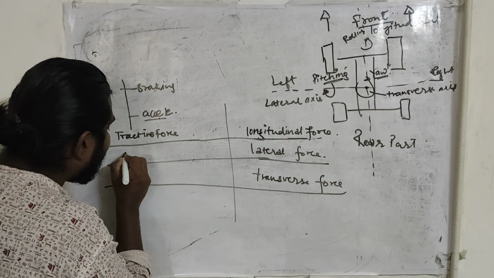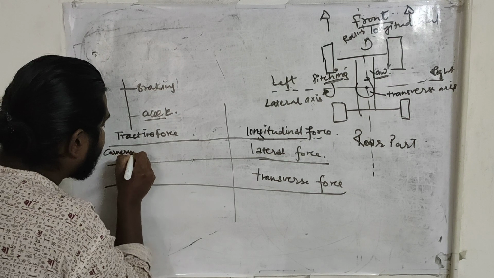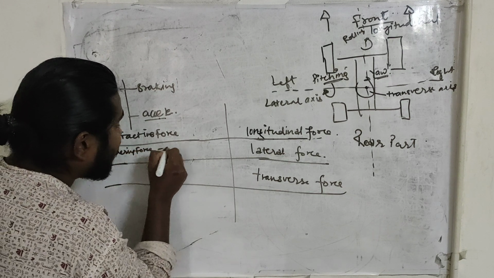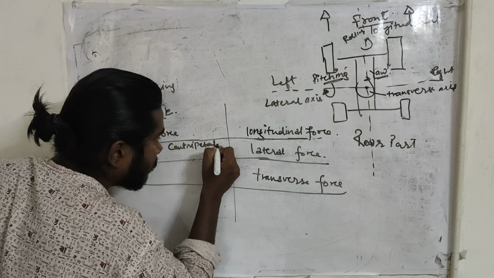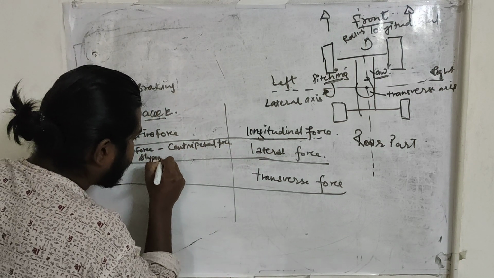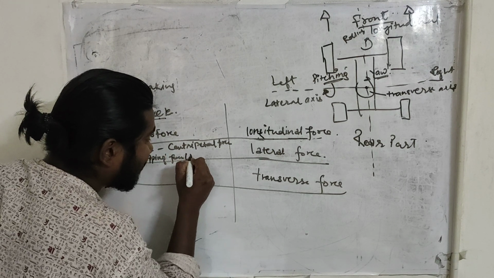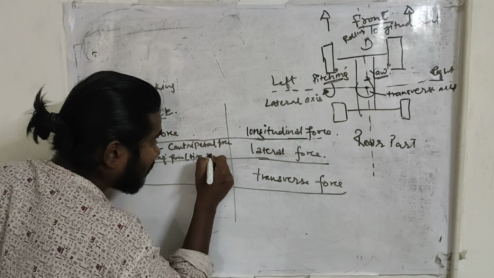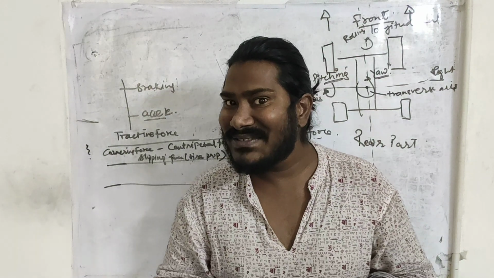So I can call it the cornering force, which I can say is the centripetal or the centrifugal force, whatever you want to name it, as well as the slipping force, the inherent property of the tire.